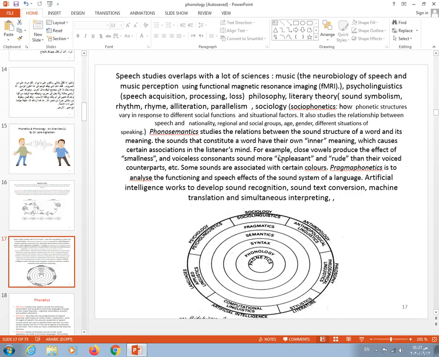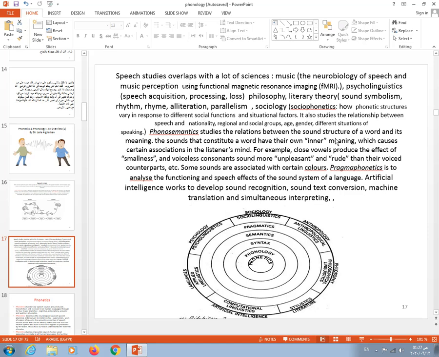Sociology also overlaps with phonetics and phonology, as we're going to see, and we have something called sociophonetics. This science studies the phonetic structures which vary in response to the different social functions and the different situational factors.